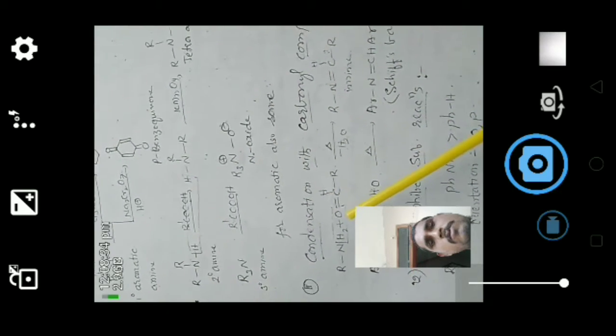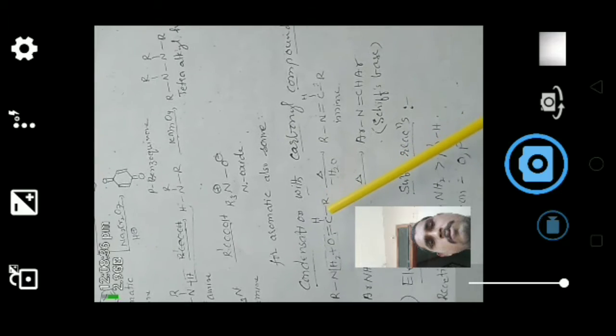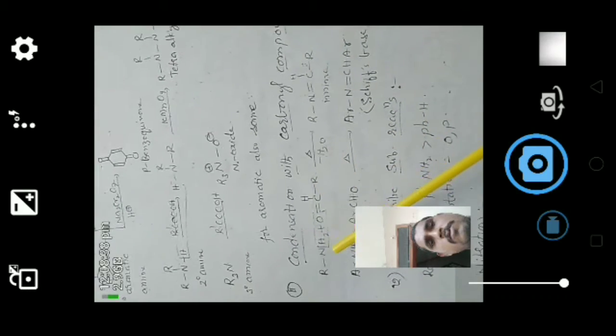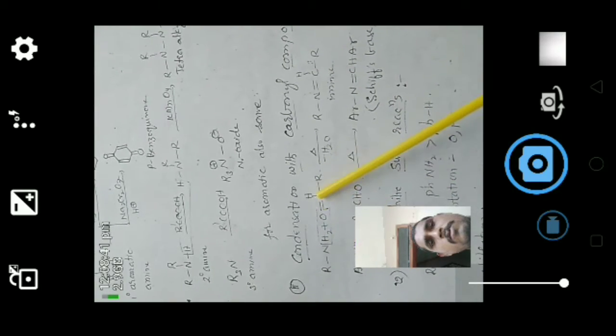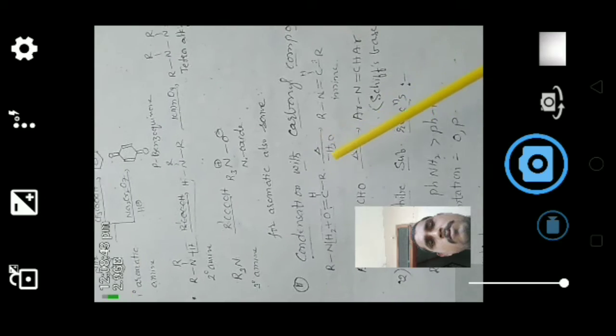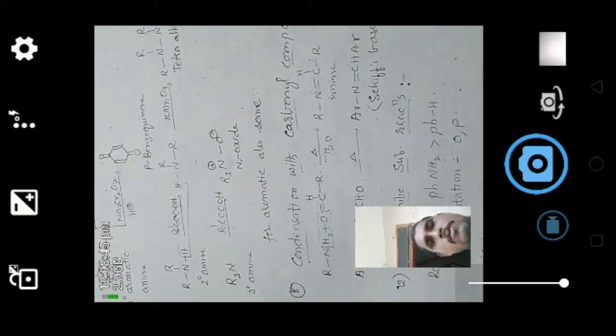Next reaction is condensation with carbonyl compounds. Here aniline reacts with aldehyde in the presence of heat, losing water molecules, to give imine.